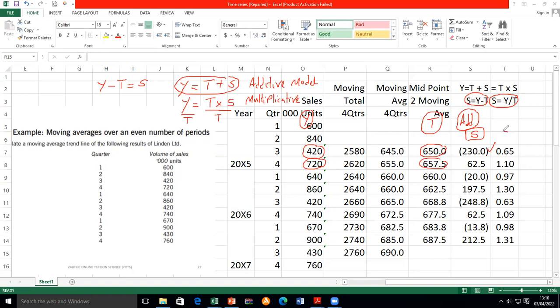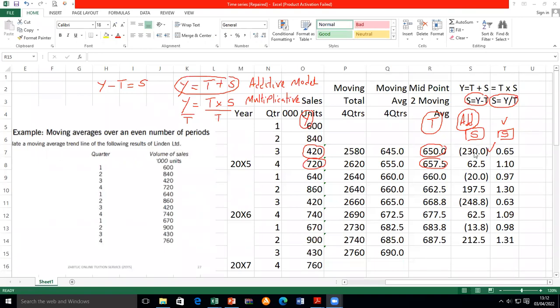Using the multiplicative model, this is your S. Please, can you take your calculators and try these numbers? Because we are almost there now. It's correct, sir. Okay, yeah, correct. All right. There we are.